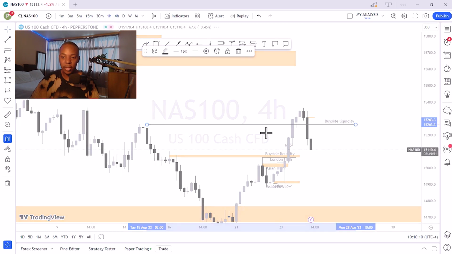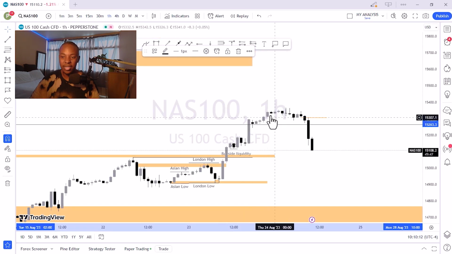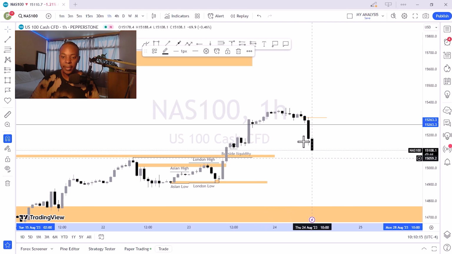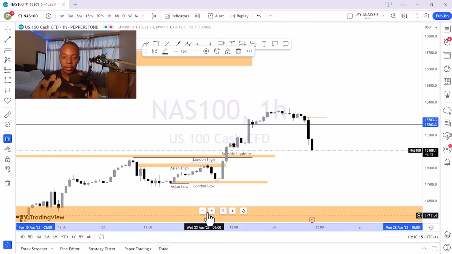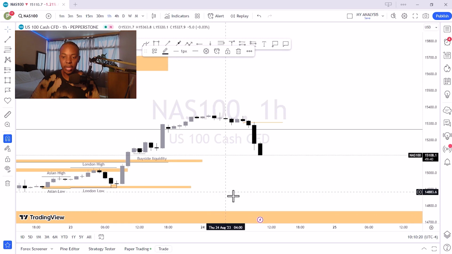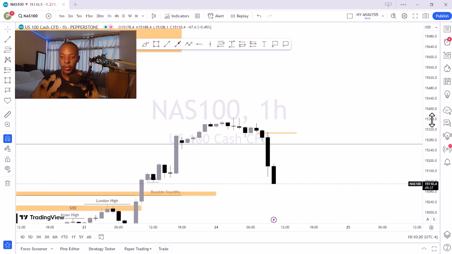With that happening, I knew that the market price would actually go deeper, fetch some PD arrays before it can actually go buying.